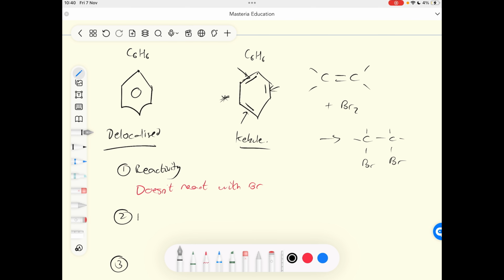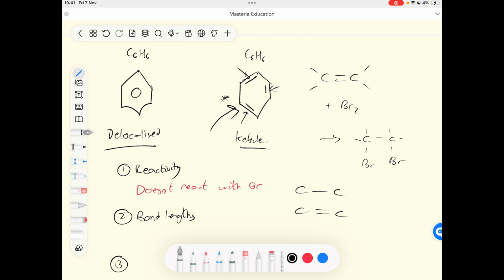Reason number 2 is to do with the bond lengths. So in chemistry, bonds have different lengths depending on the strength of those bonds. So single bonds versus double bonds have different lengths. When we have this model, the Kekulé model, we would expect that all the bonds would be different lengths.